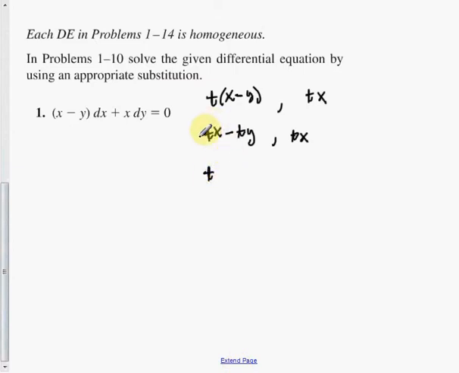You replace x with t times x, replace y with t times y, and then try to factor out the t.